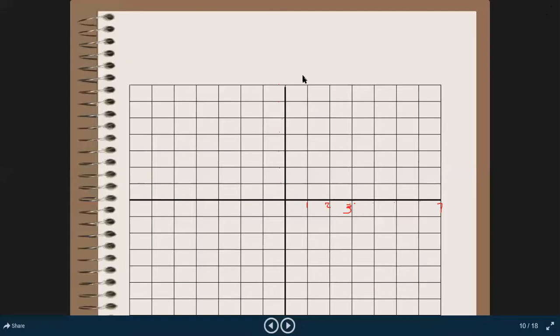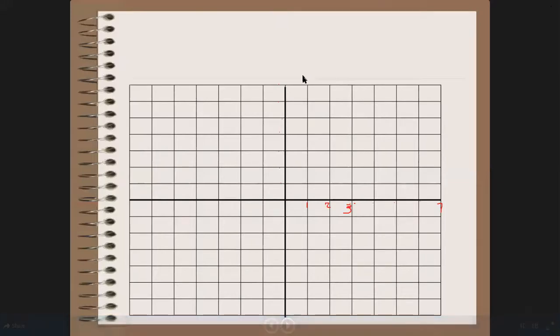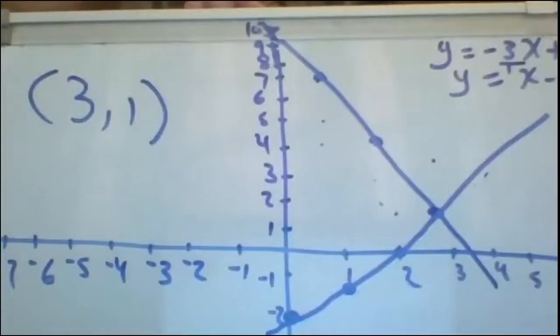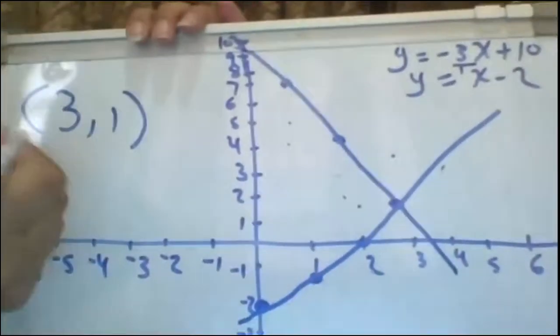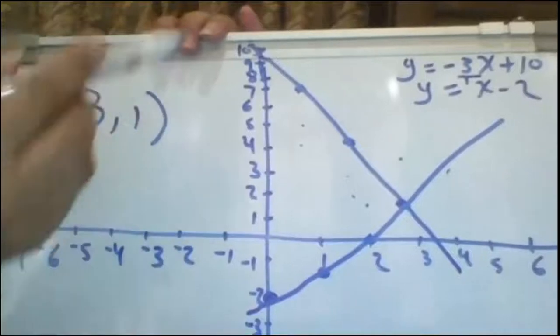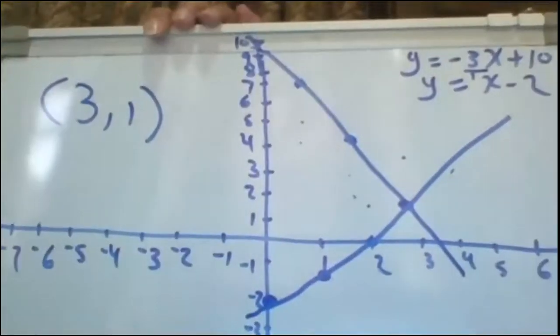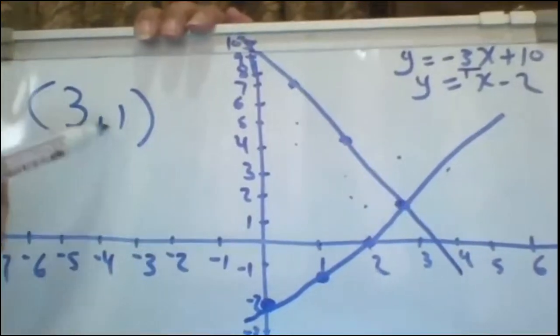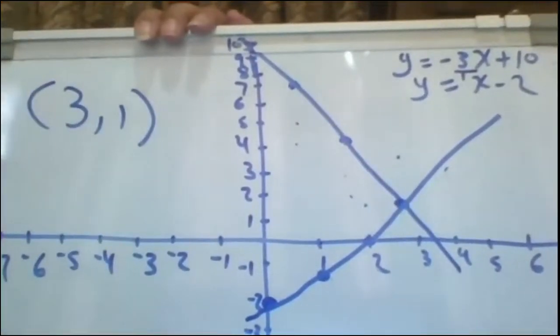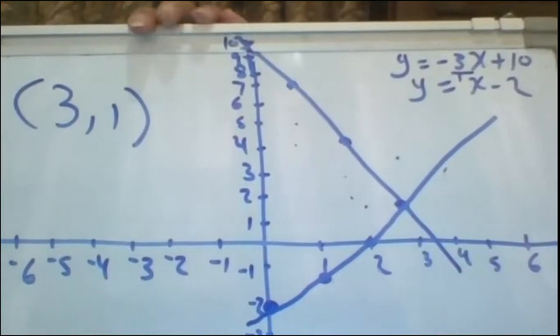I can graph it in front of you. It's easier, I think. Then we will check now if (3, 1) satisfies this equation or not. Did you draw it in your own graph?